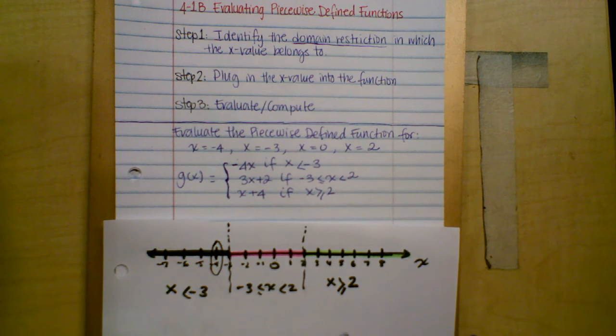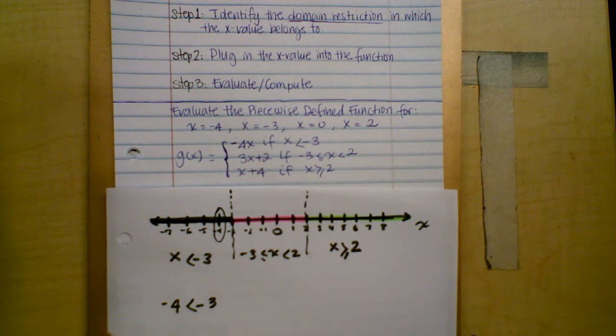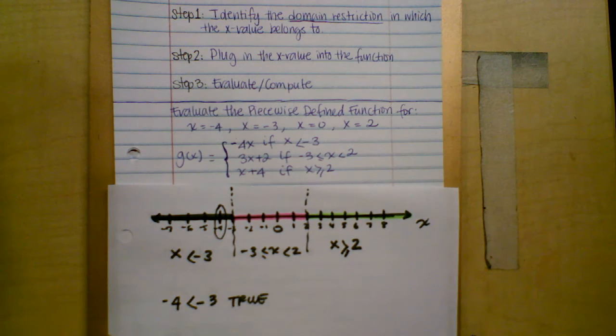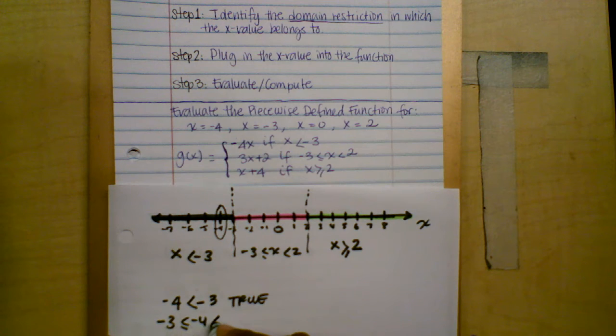Another way you could see it is to plug in -4. Is -4 less than -3? It's true. If you use the second inequality and plug in -4 wherever there is an x, is -4 less than 2 and greater than or equal to -3?